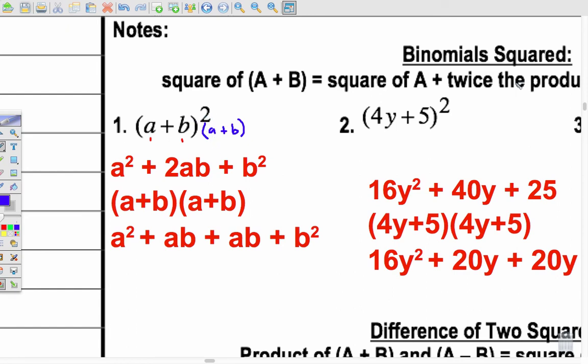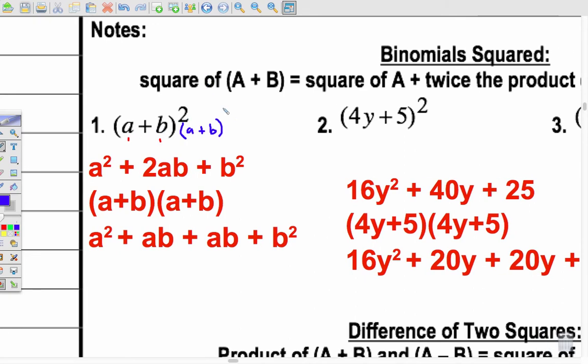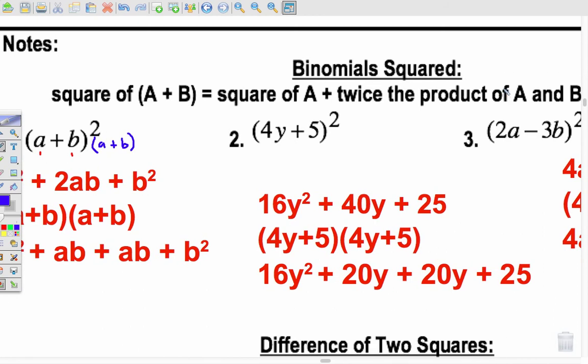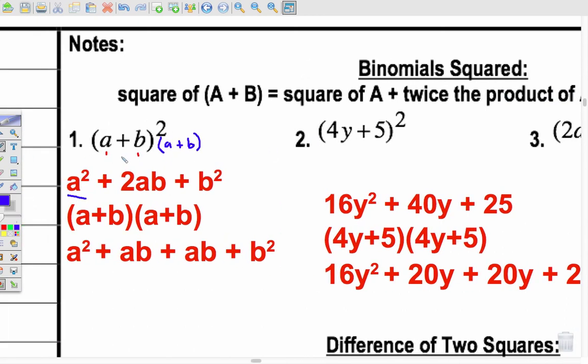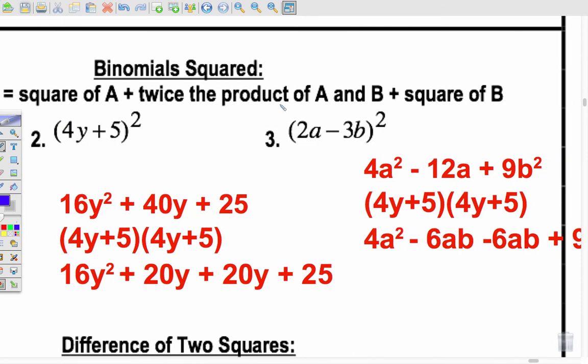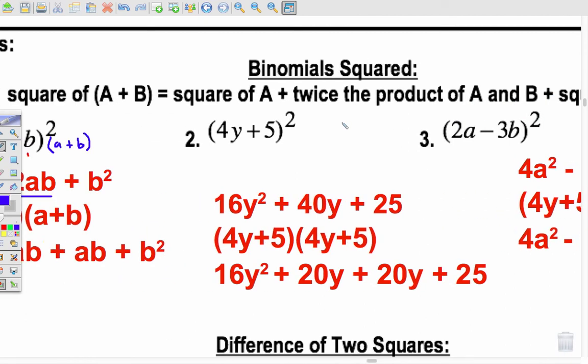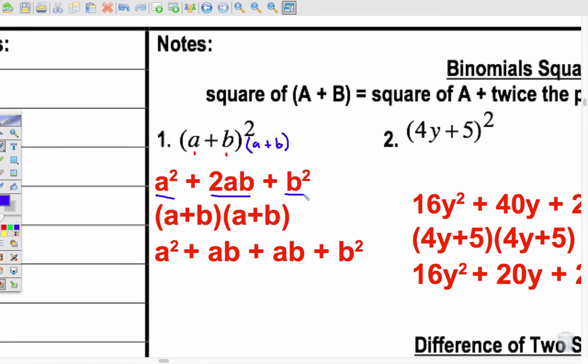What this property is telling us is that when you're taking this squared, it's going to equal the square of a, so a squared, plus twice the product of a and b. So whatever this is, times whatever this is, and then times 2. And plus the square of b, which is b squared.